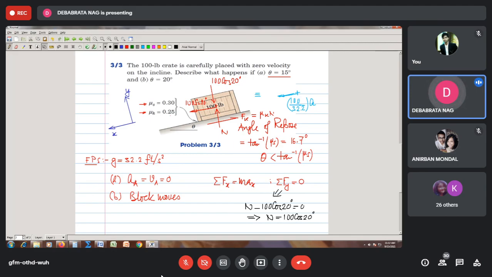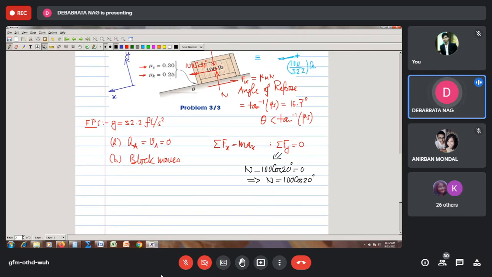Now summation Fx equal to max, so it simply means that from the second equation we can write 100 sine 20 degree minus mu k into N, mu k is 0.25, so it is 0.25 into N, which we have solved, which is equal to 100 cos 20 degree.